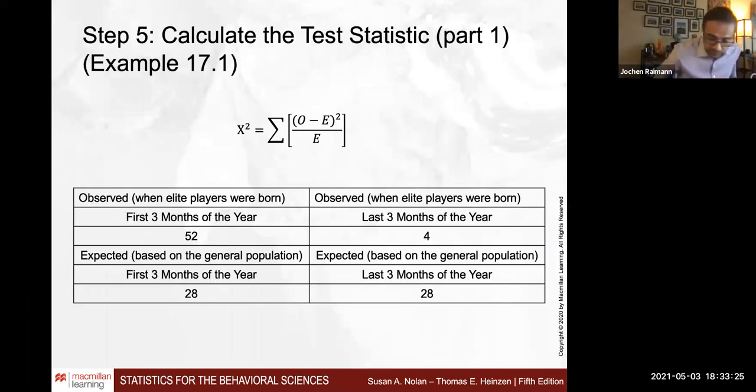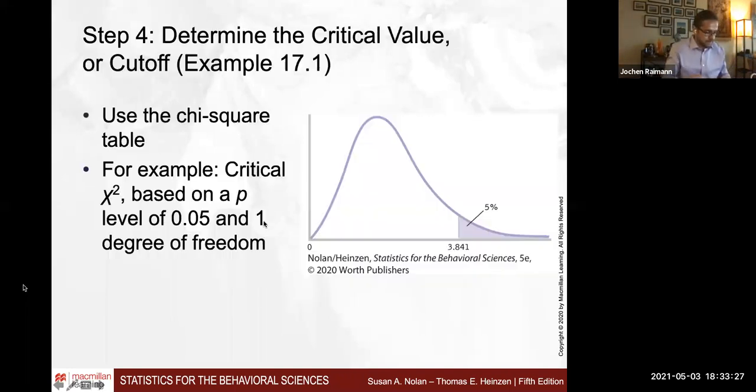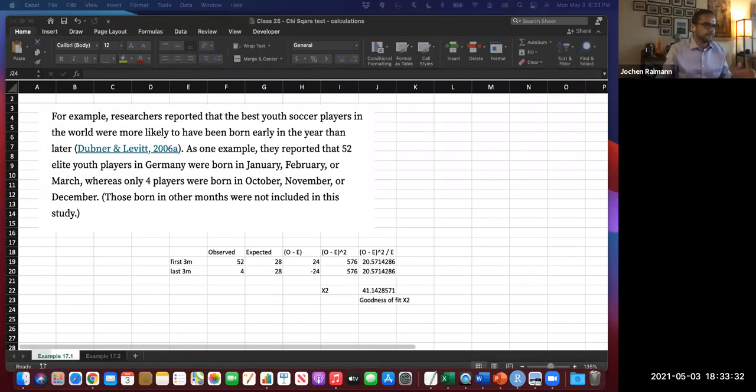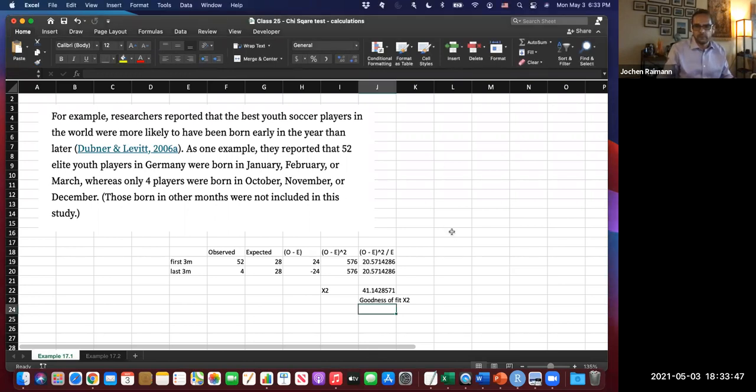Okay, so this is this calculation, and this comes to this equation. So we are working with this equation. That's the equation we're using to quantify the chi-squared.